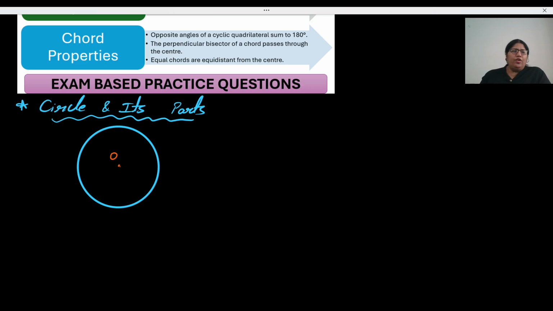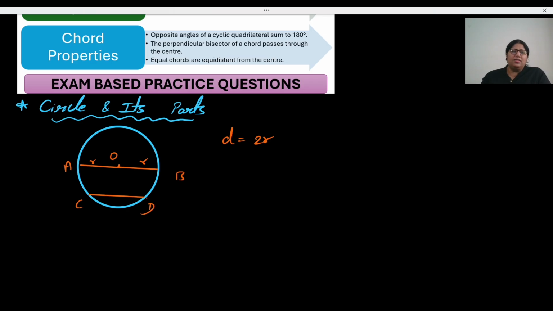If I join the center to the circumference, this is called the radius. If I extend it, a chord passing through the center is called the diameter. So the diameter is nothing but double the radius. Any two points you join on the circle make a chord, and the longest chord is called the diameter.